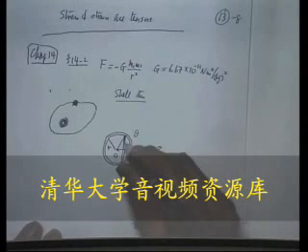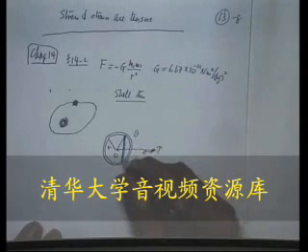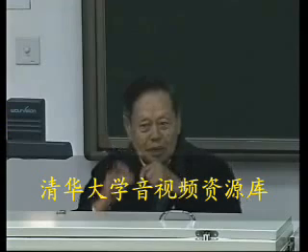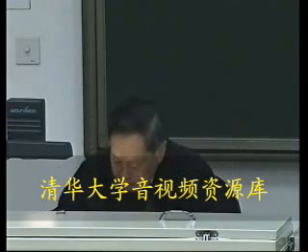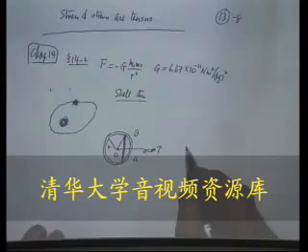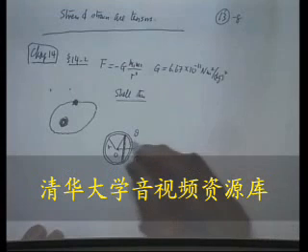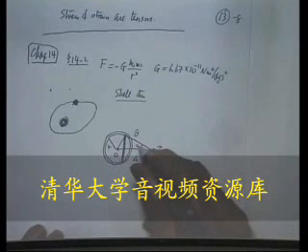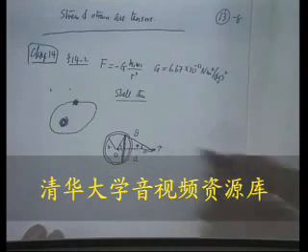So now we consider this ring. We consider, instead of the shell, a part of the shell, just a ring. Let's call this angle phi. This angle is theta.